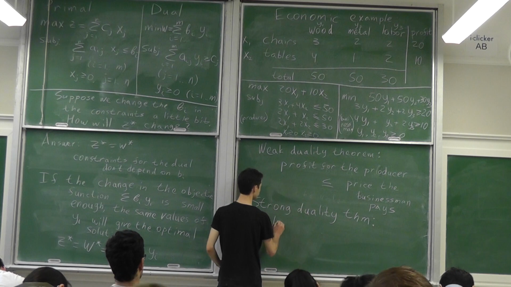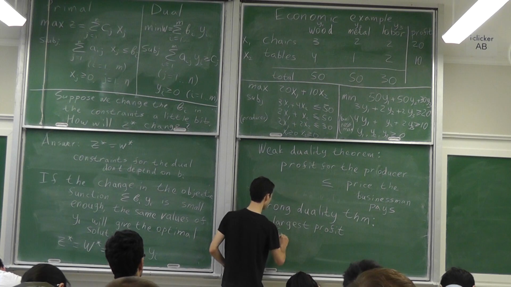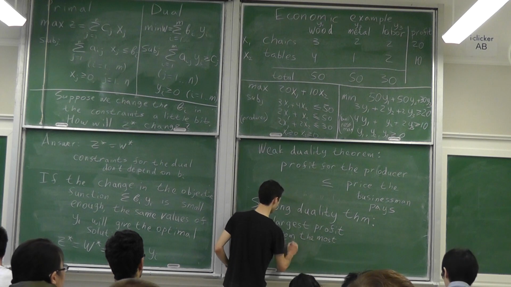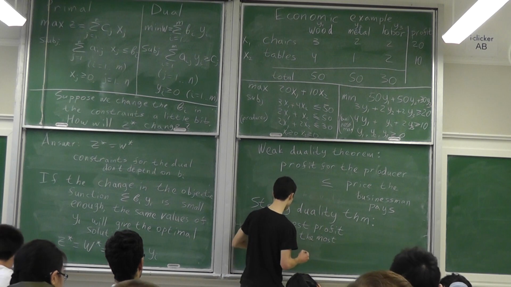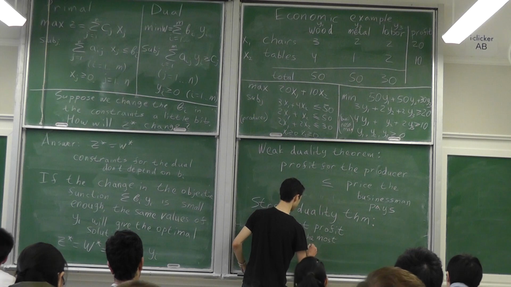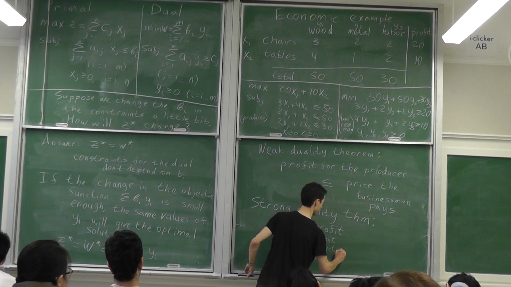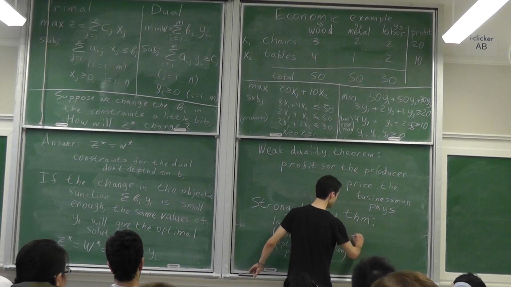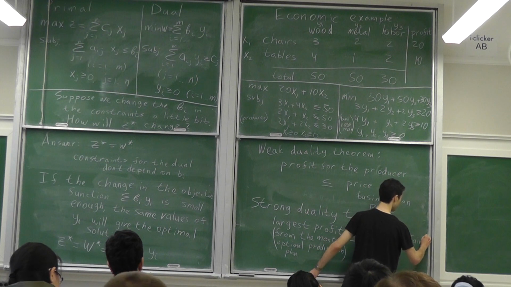So it tells you the largest profit from the most, let's not say efficient, the optimal production plan, is in fact equal to the smallest fair price.